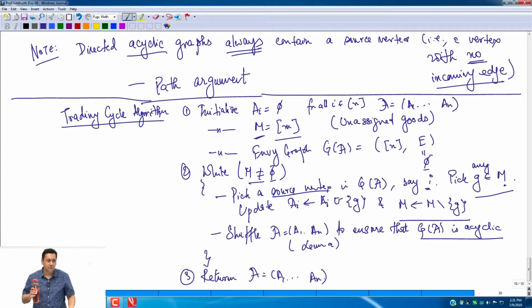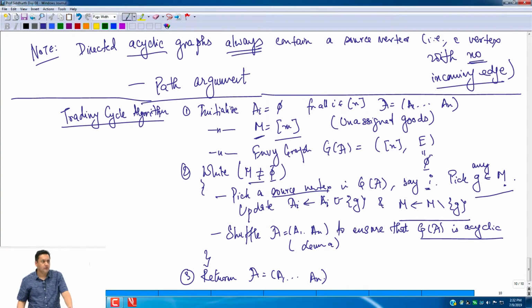Why is this going to run in polytime? Right. So there are m goods. It's just linear in the size of the inputs. So the loop will iterate at most m times.